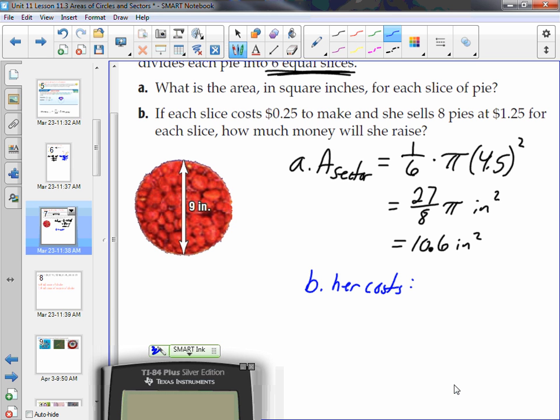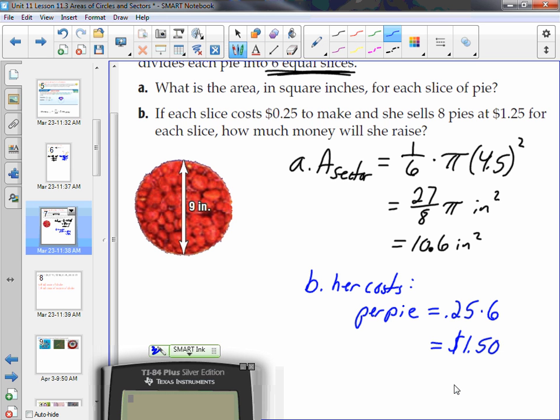If each slice costs 25 cents to make, and there are 6 slices per pie, the cost per pie is 25 cents times 6. And what is that? $1.50. So it costs her $1.50 to make each pie.